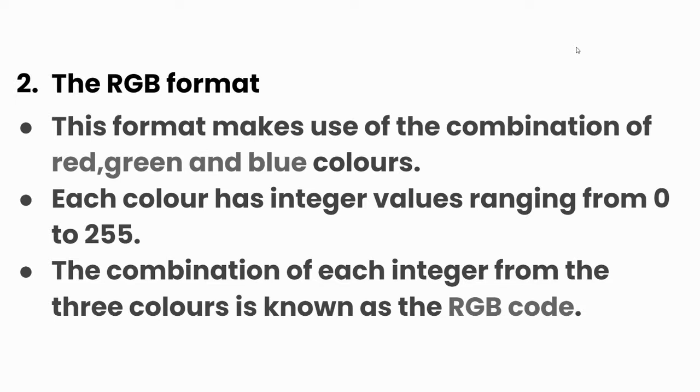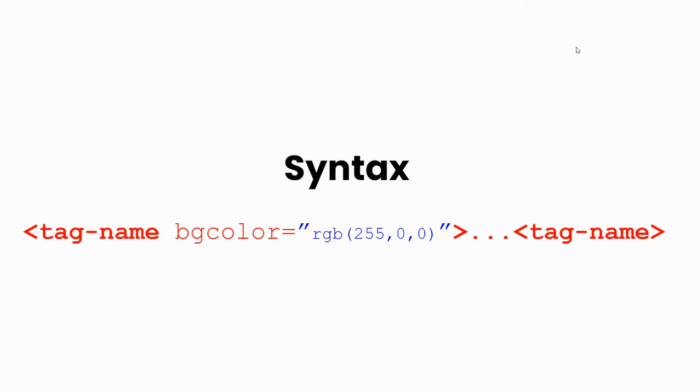So let's look at the syntax. Yes, so this is the syntax of the tag name, and you can see the attribute bgcolor is assigned an RGB color format. So like I said, the RGB color format is actually depicted as red, green, and blue.